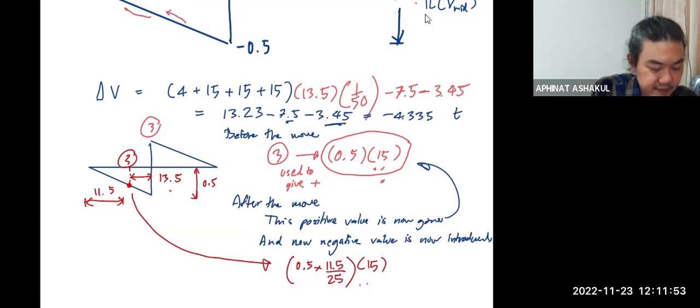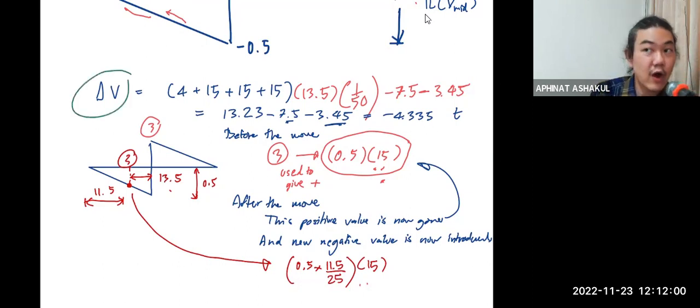The change, you remember, I keep saying this, we are calculating the delta, not the shear itself. We're calculating the change of shear, not the shear itself. And sorry, we need to fix this too.